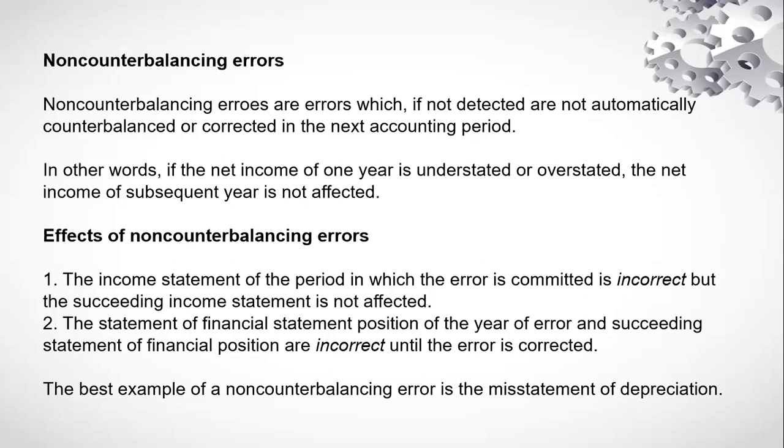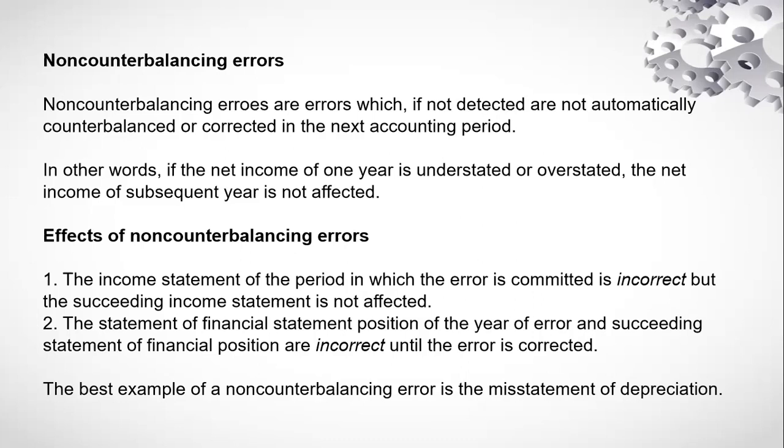Next are non-counterbalancing errors. These are errors which, if not detected, are not automatically counterbalanced or corrected in the next accounting period. In other words, if the net income of one year is understated or overstated, the net income of the subsequent year is not affected.